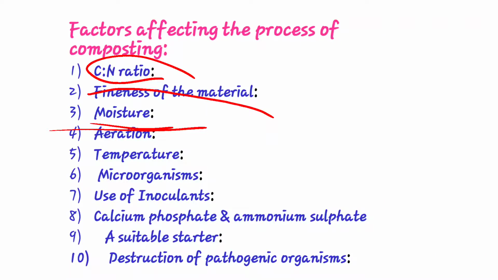For decomposition of normal material, it requires only 20 to 30 degrees Celsius. But if it increases to 65 to 70 degrees Celsius, it reduces the microbial activity in that material and also reduces the decomposition process.